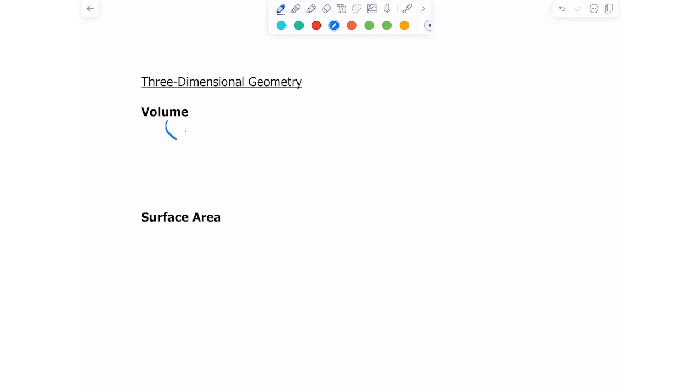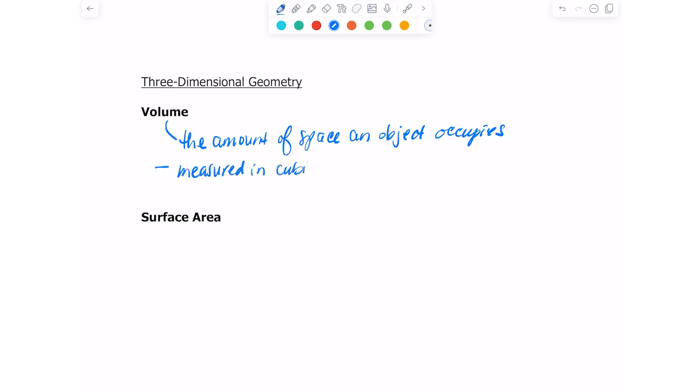Well, volume is the amount of space an object occupies, and it's measured in cubic units. And surface area is the total area covered by the surface of a 3D figure. And since it's area, it's measured in squared units.